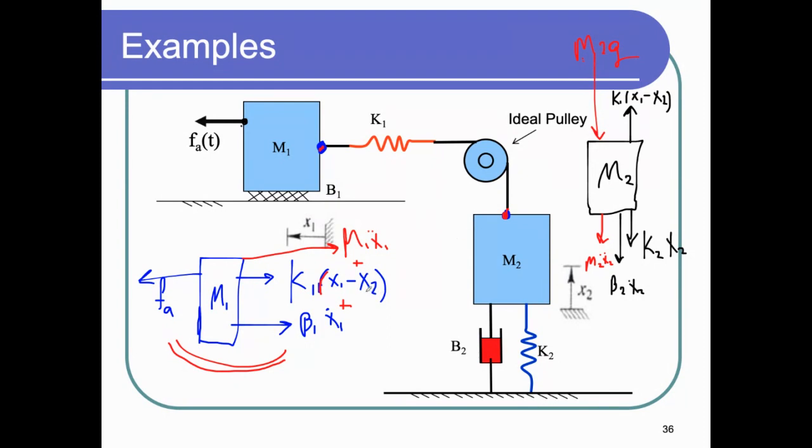For example, x2 will be Z2 plus x2 naught, some equilibrium position. Here M2 will be M2 Z double prime, and mg will be ignored. But when you ignore it, the corresponding displacement, velocity, and acceleration for that mass need to be appropriately changed so that you don't mess up the system.